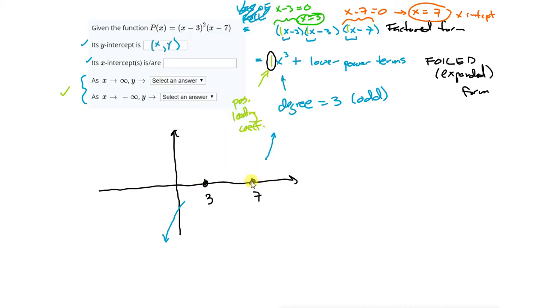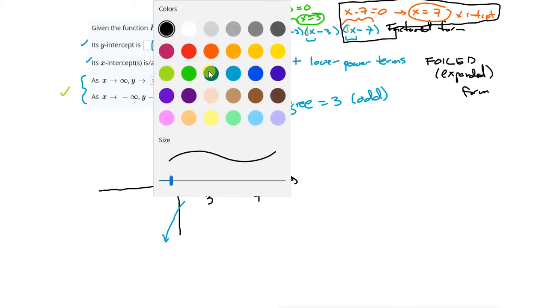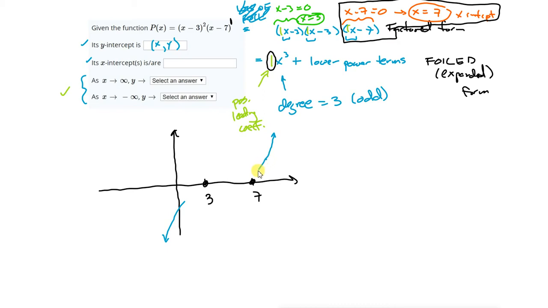What's interesting is the factor that gave you the x-intercept. What gave me the x-intercept of 7? The factor x minus 7. That factor of x minus 7 occurred one time. When a factor occurs one time, the function passes right through that x-intercept. It doesn't turn around, it passes through.